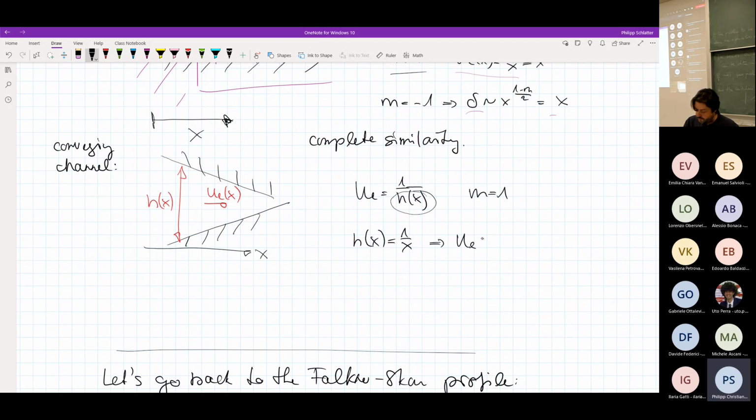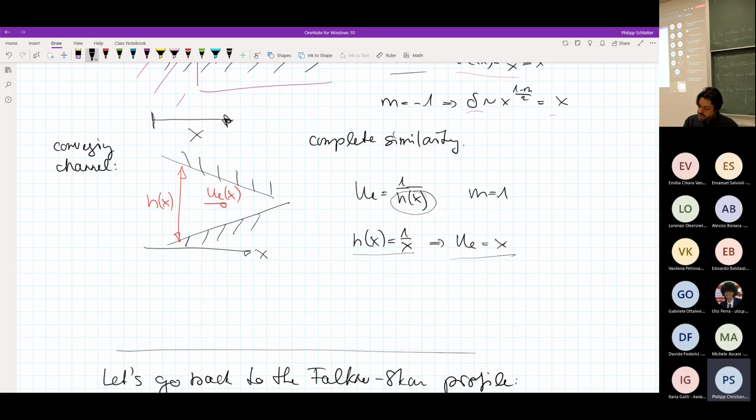UE would then be 1 over h, which would be x to the 1, with m being 1. So that is now a case where h would change like this. Then you would have UE linearly increasing with x.